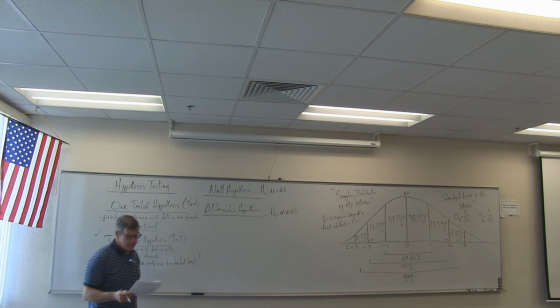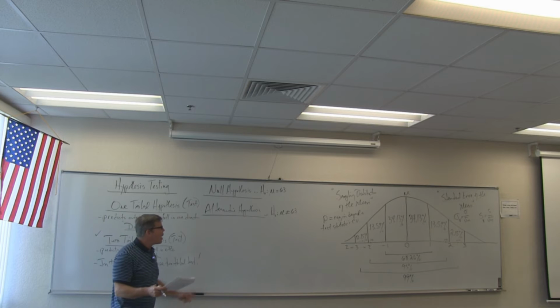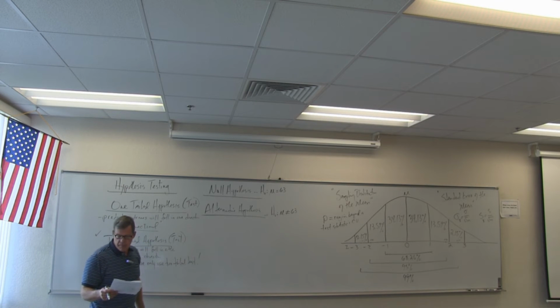It goes like this. If a calculated test statistic exceeds its critical value at a given nominal alpha level, we'll talk about alpha in a minute, we reject the null in favor of the alternative, and conclude we've detected a significant group mean difference or a significant relationship. What does this mean?